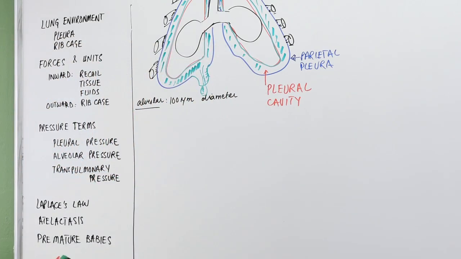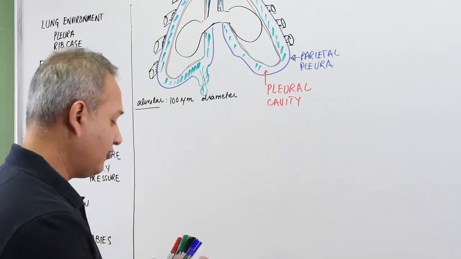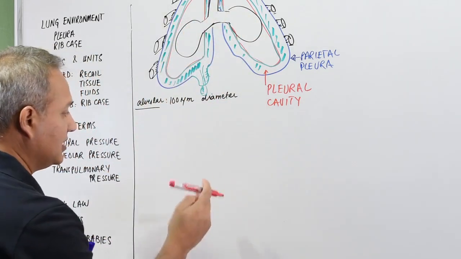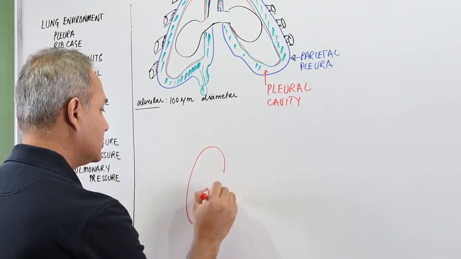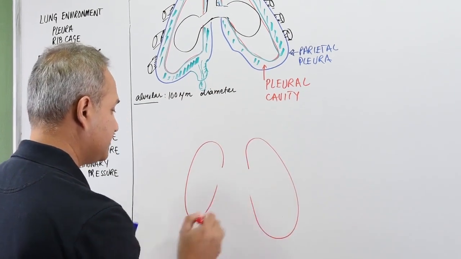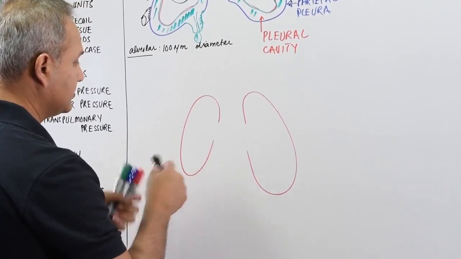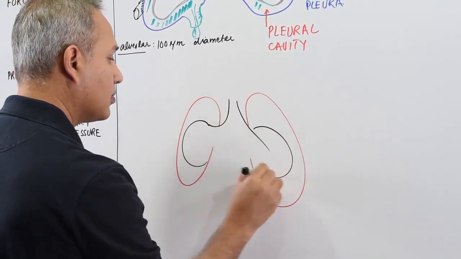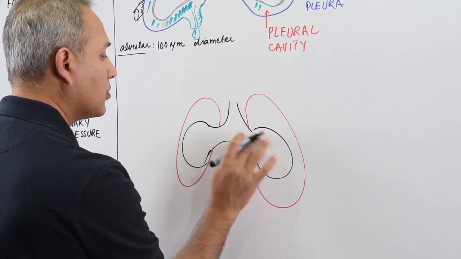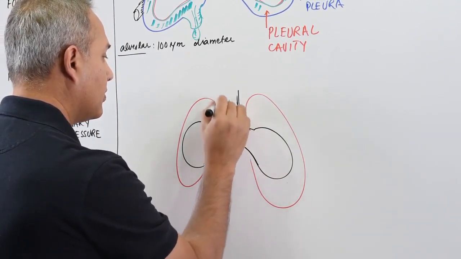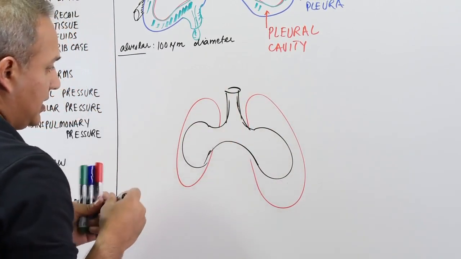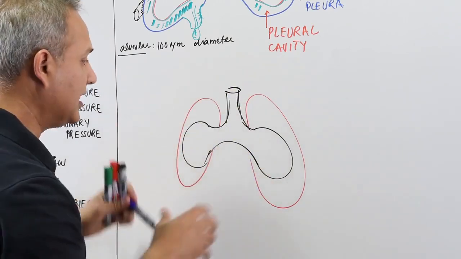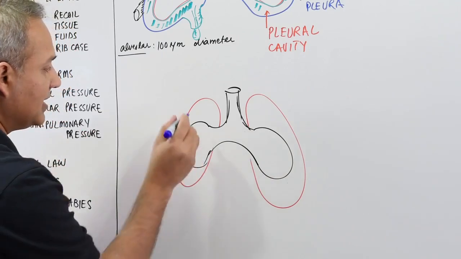So now let's see what the external forces are. To simplify this diagram, let's say this is the lungs. In this lung structure, I have not made the outer structures yet.